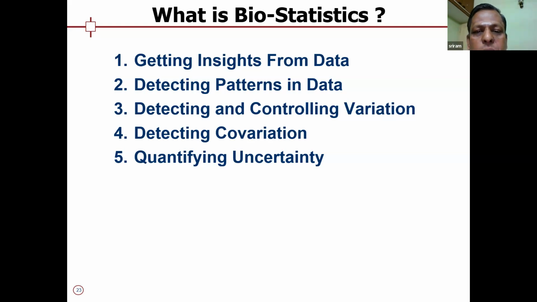Detecting and controlling variation. Suppose there is a variation in HbA1c between diabetics and non-diabetics, how do you control that variation? To control variation, you have to invent some drugs or methods or therapies, and do an experimental research to see that the variation is controlled.